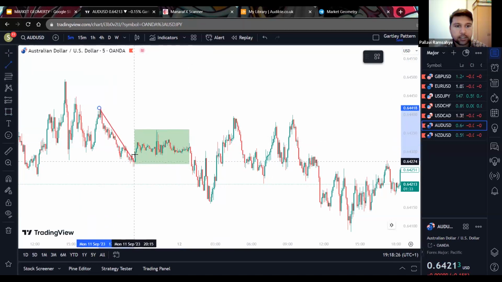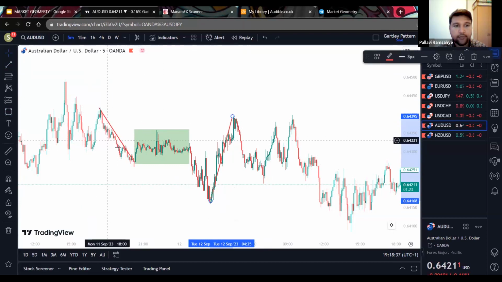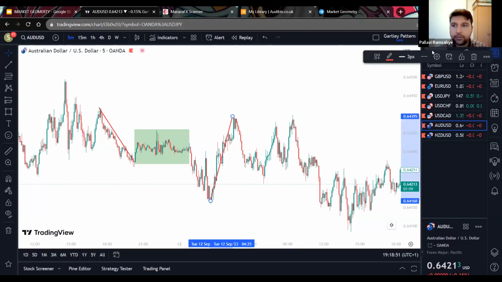We want something that's got a bit of movement. So it's an impulsive move. It's either moving in an upward direction or a downward direction. So in this instance on the left, it's moving down, right? In this instance on the right, it's moving up, okay? So it's moving in an upwards direction. So let me take these 2 points away.